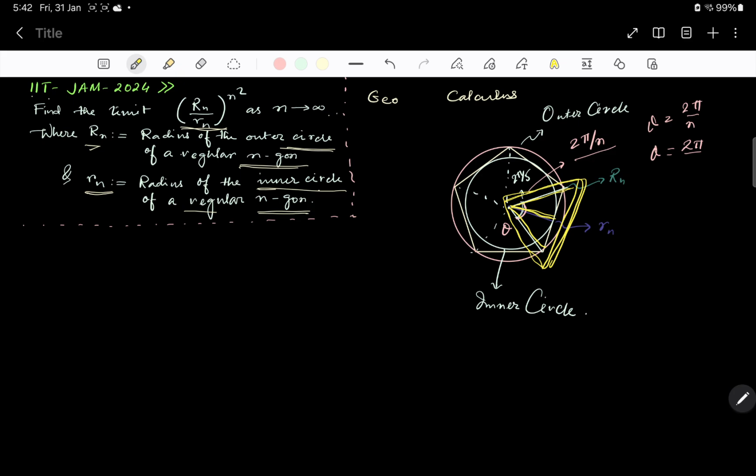But this theta will differ with n. In this case, since it's a pentagon, it's divided by 5. If it was a triangle, it would be divided by 3. If it was a hexagon, it would be divided by 6, and so on. So I just need to zoom in on this triangle, cut it out, and examine this one, and that will be sufficient to approach our problem.